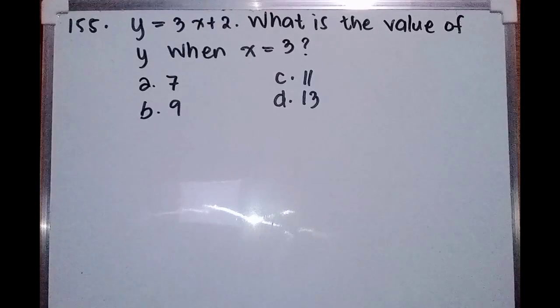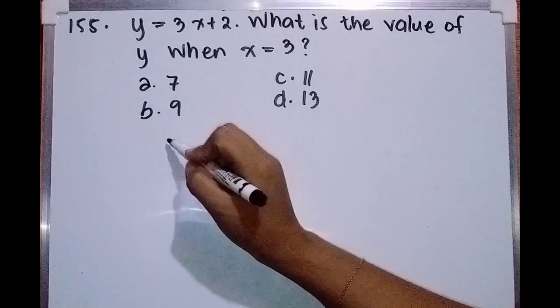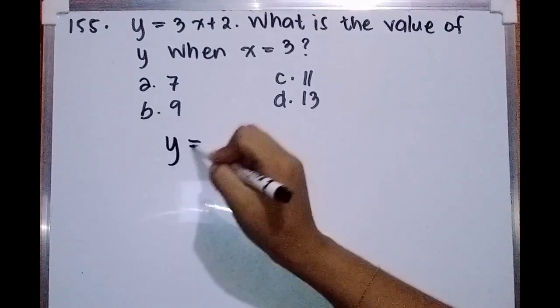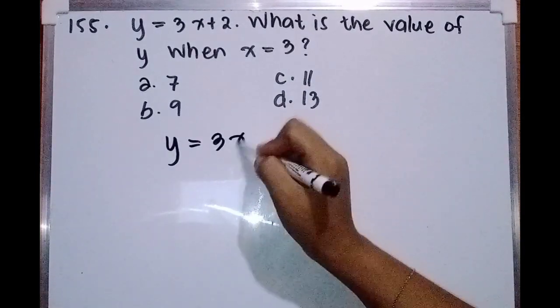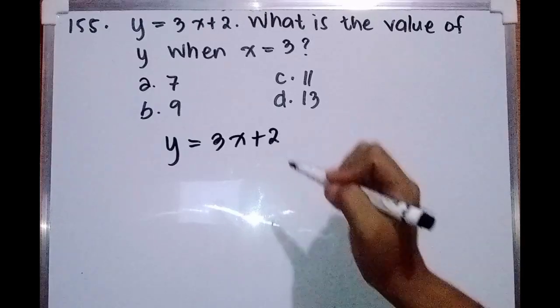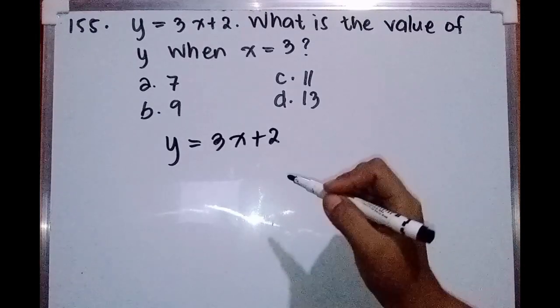Let's proceed to 155. y is equal to 3x plus 2. What is the value of y when x is equal to 3? So in the equation y is equal to 3x plus 2, we are asked to find the value of y.